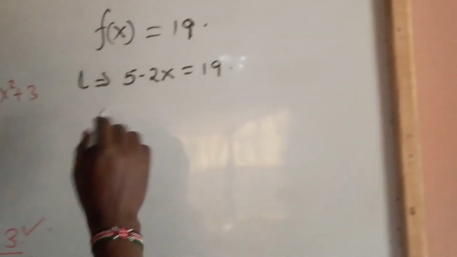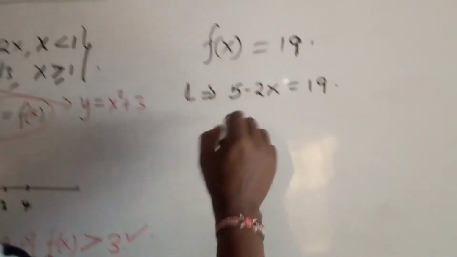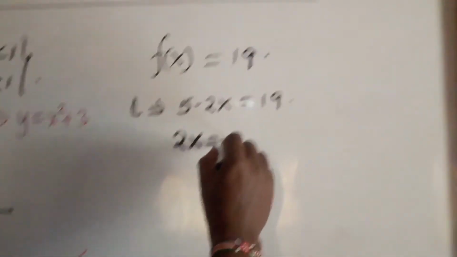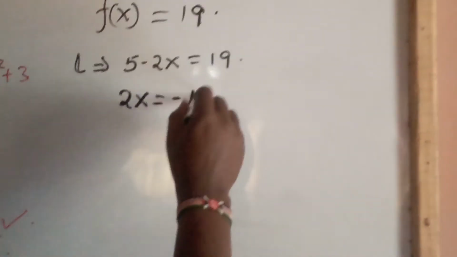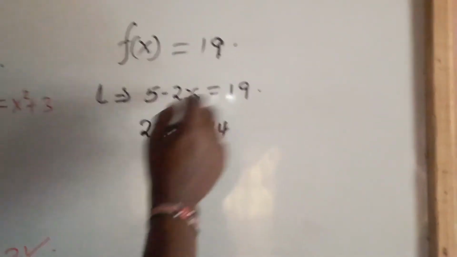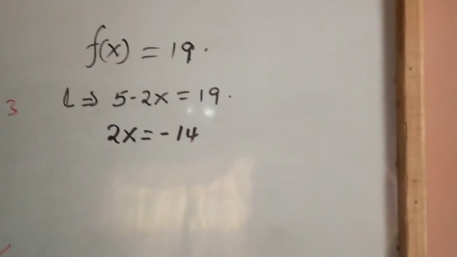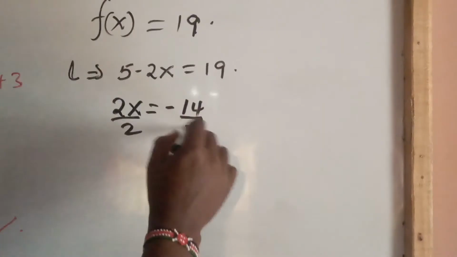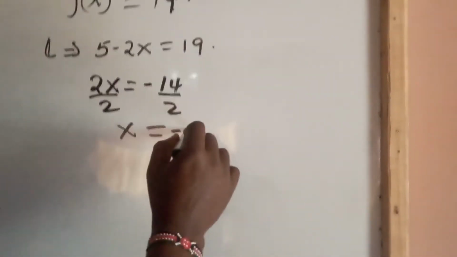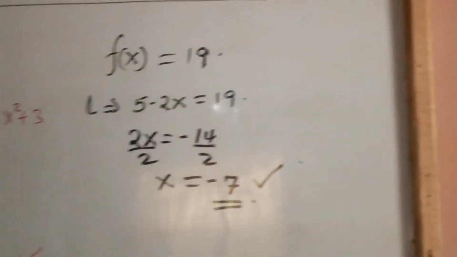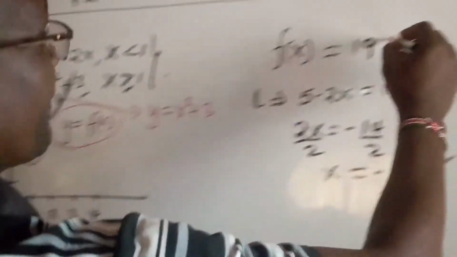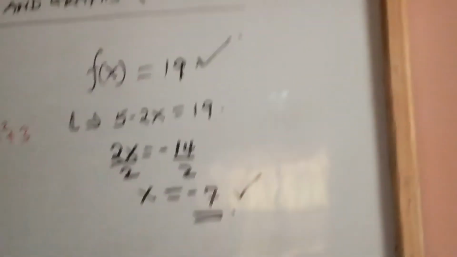This gives us minus 2x equals minus 14, because 5 minus 19 is minus 14. And in this case, x becomes -7. That is the solution for the linear part when f(x) equals 19.